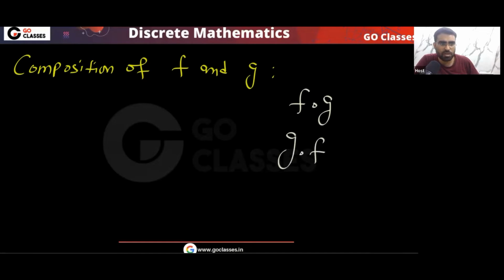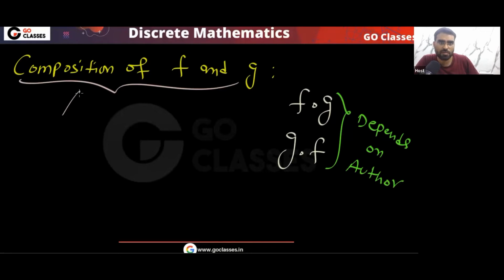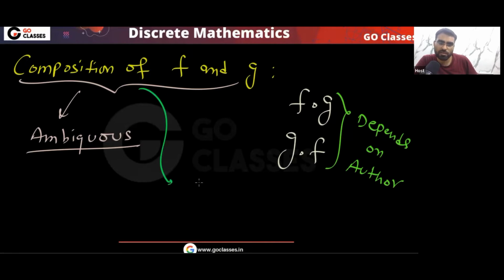It depends on the author. So remember, both are correct. If you calculate fog, that is also correct. If you calculate gof, that is also correct. Is this clear?